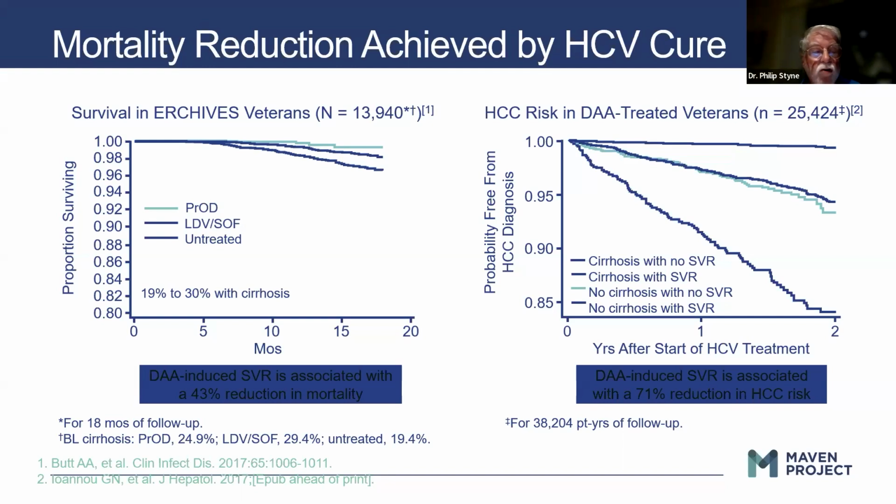We see that it's gone by evidence, but we call it sustained viral response, and you'll see that term, SVR, a lot of places. We can dramatically affect morbidity and mortality by treating these patients, even at an advanced disease. Next slide, please.